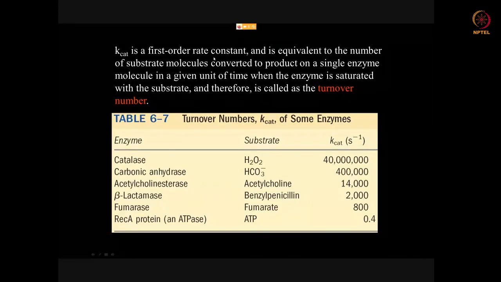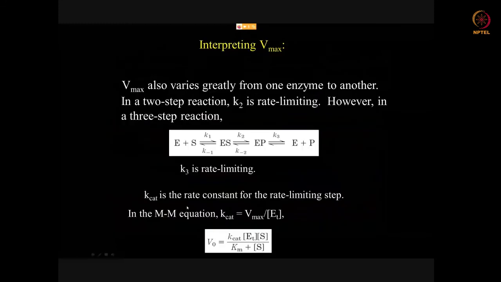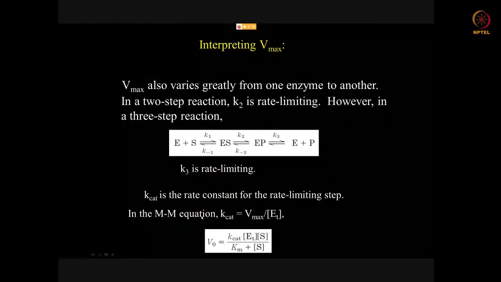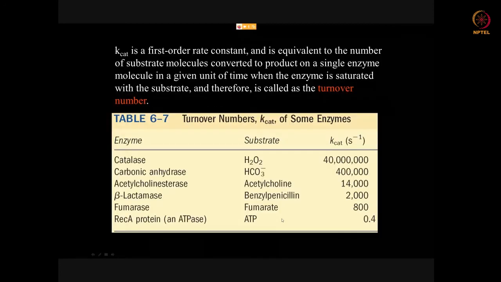So it's a first order rate constant because it is not dependent on substrate concentration. It is simply Vmax by ET, and as a result, it is a first order rate constant, not dependent on the concentration of the substrate. And this is what you need to really remember.